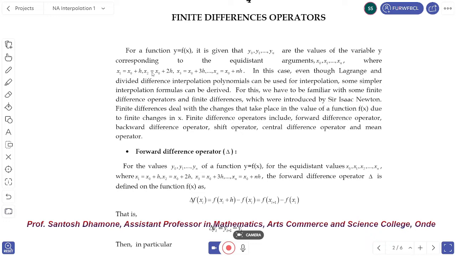Here, if there is a change in x, then there is a small change in f of x. Finite difference operators include the forward difference operator, backward difference operator, shift operator, central difference operator, and mean operator. In this lecture, we study only the forward difference operator, which is known as delta.